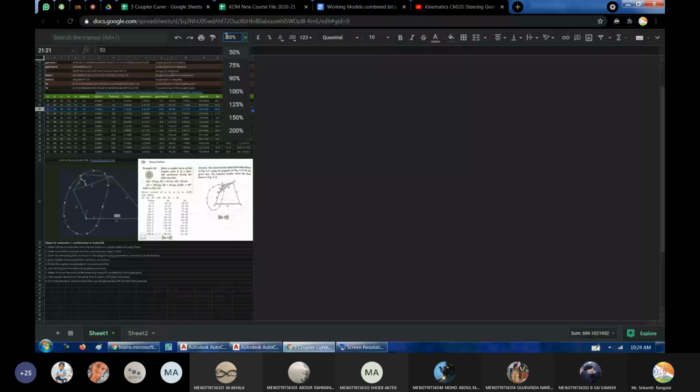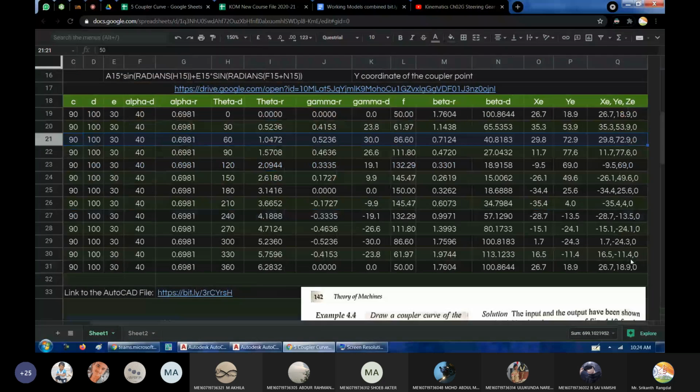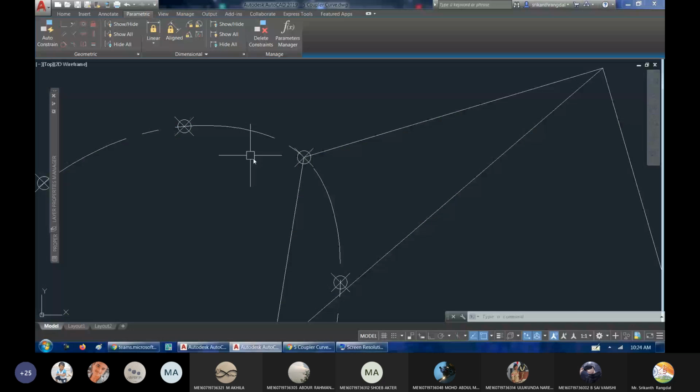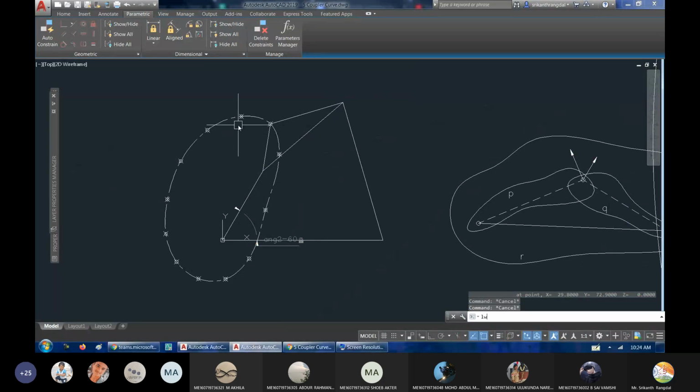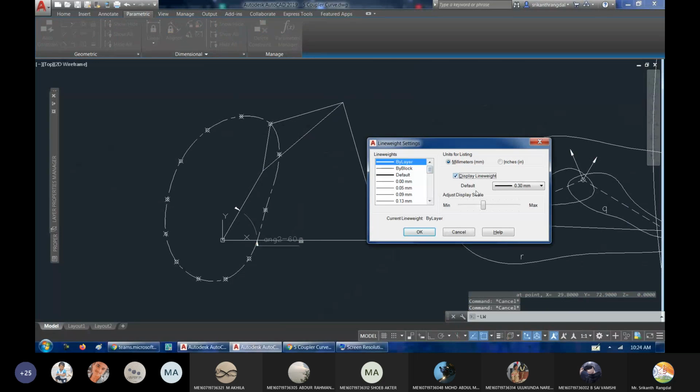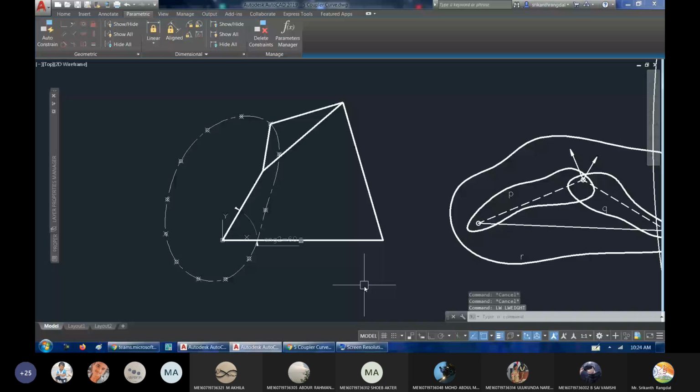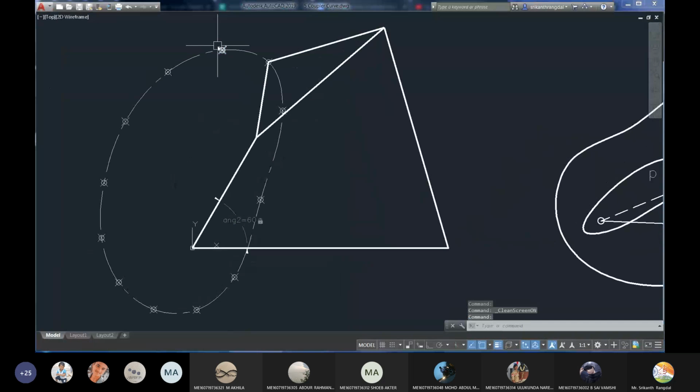All the points that you see in the AutoCAD file have been created using these coordinates. Let me increase the thickness a little more. Is it clear? Before making the mechanism itself, I created all the points and joined all these points with a spline.